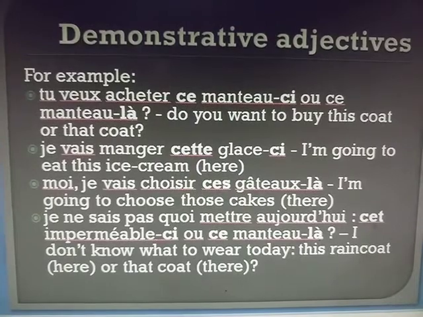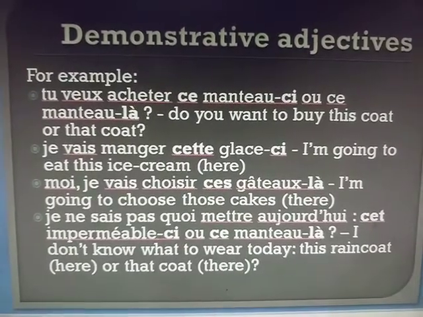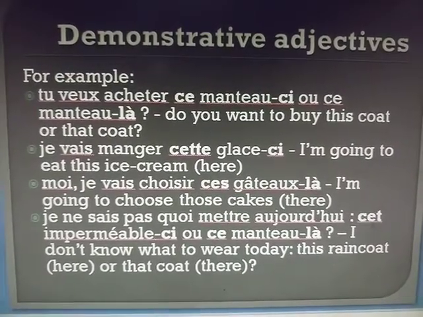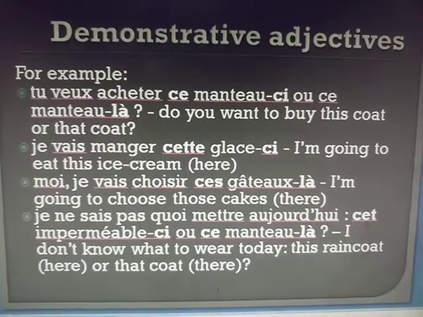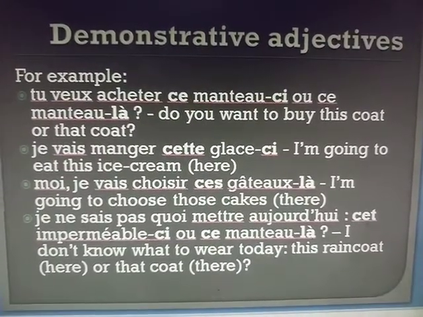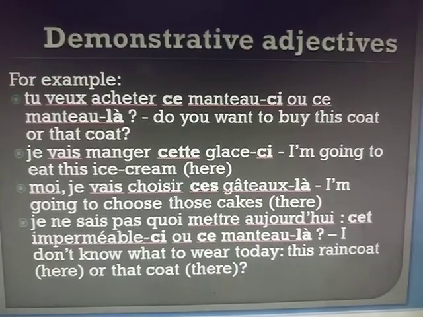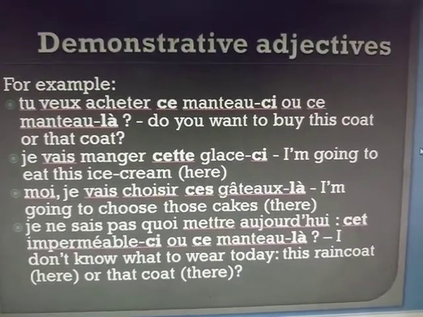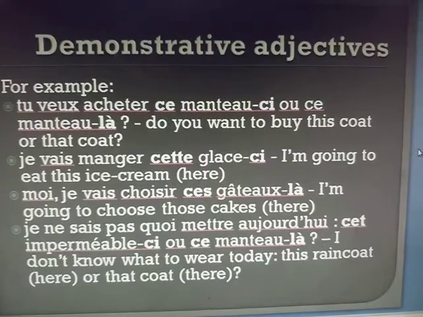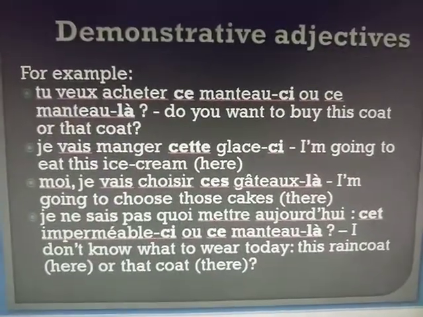For example, tu veux acheter ce manteau-ci ou ce manteau-là? Do you want to buy this coat or that coat? Manteau-ci is this coat and manteau-là is that coat.